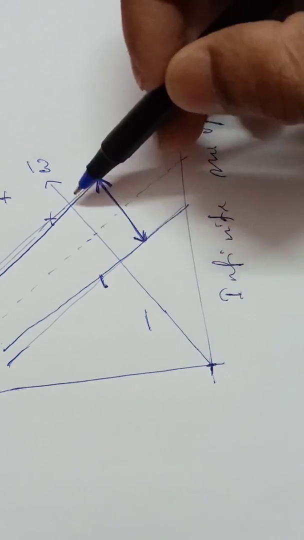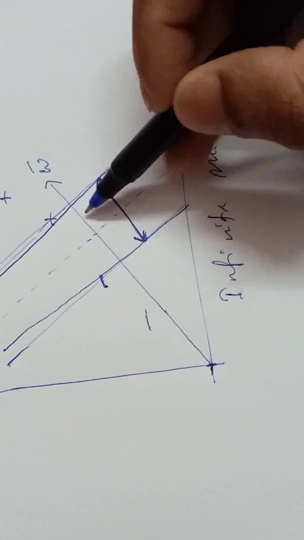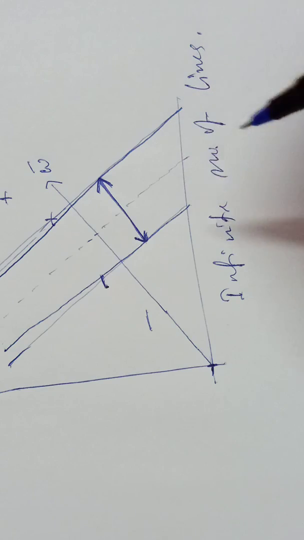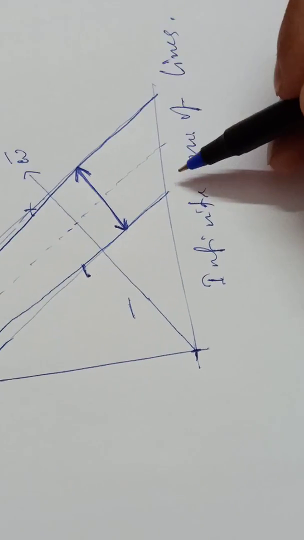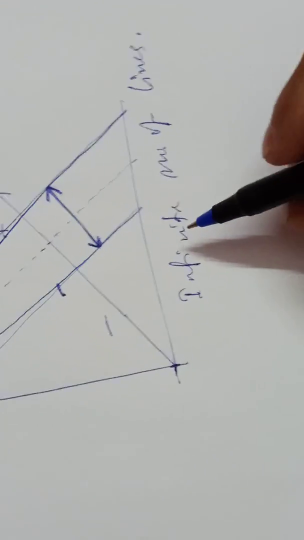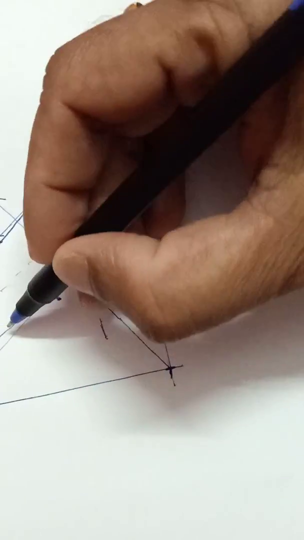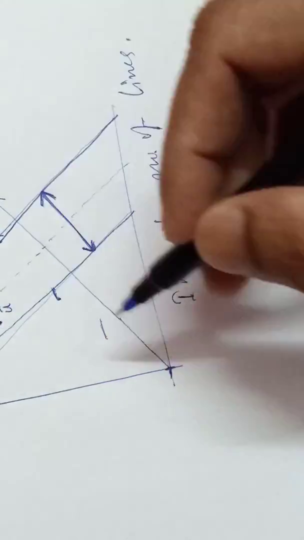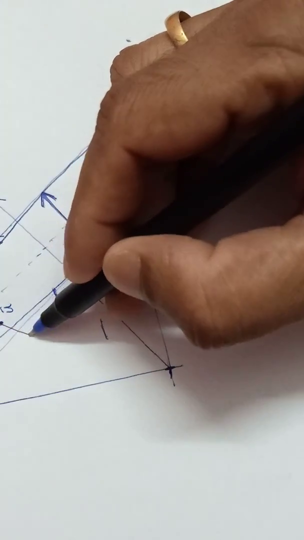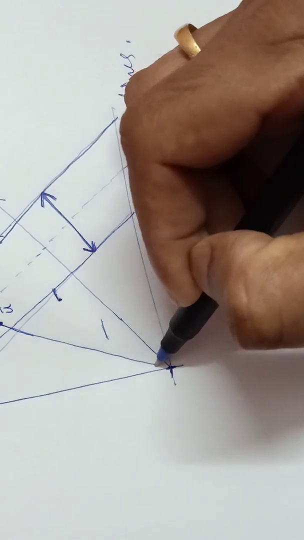W is normal to the median of this street. So let this be the street. Let any unknown data be u bar, which is here.